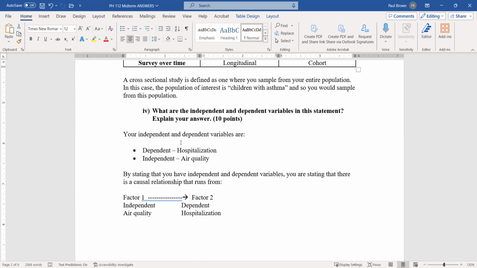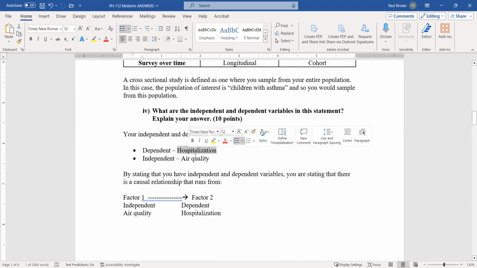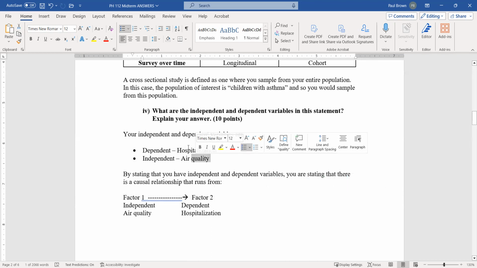The thing that always helps me is to ask, what do I think causes what? I state what I think the relationship is, and then I flip it. In this case, I think hospitalization is the dependent variable, so air quality causes hospitalization. That makes sense. But if I flip it and ask, does hospitalization cause air quality?